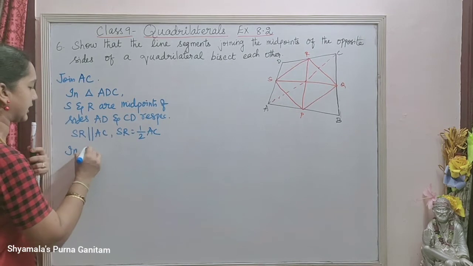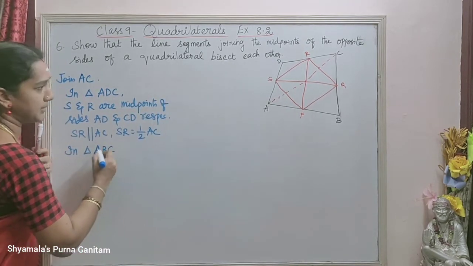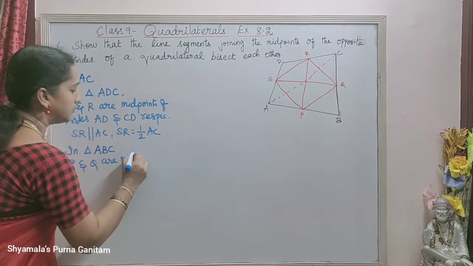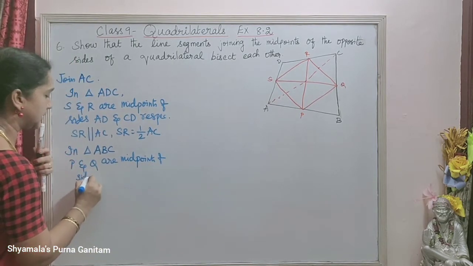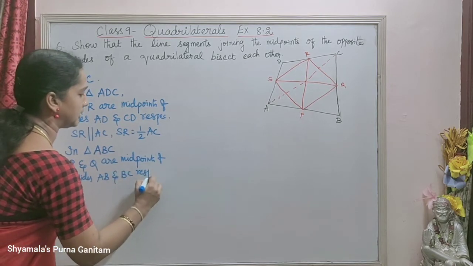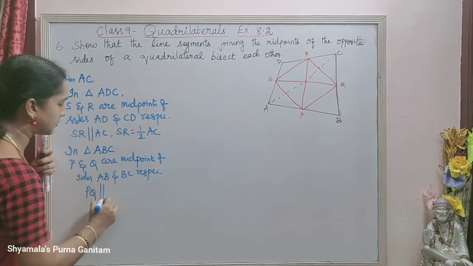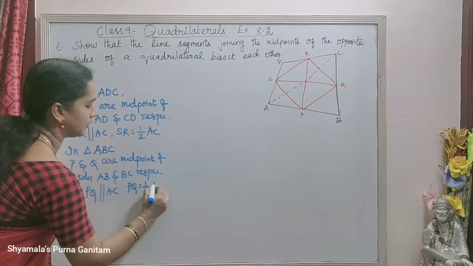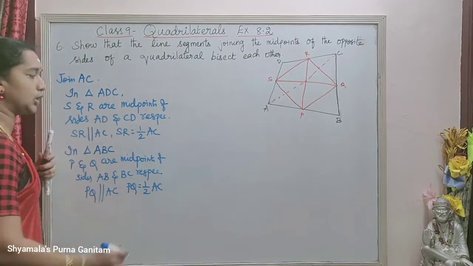Then in triangle ABC, P and Q are midpoints of sides AB and BC respectively. So PQ is parallel to AC and PQ is equal to half of AC.